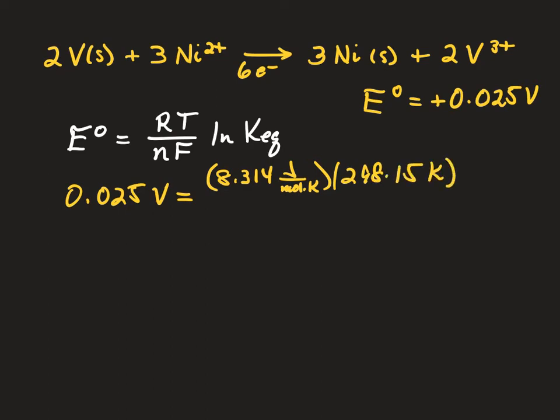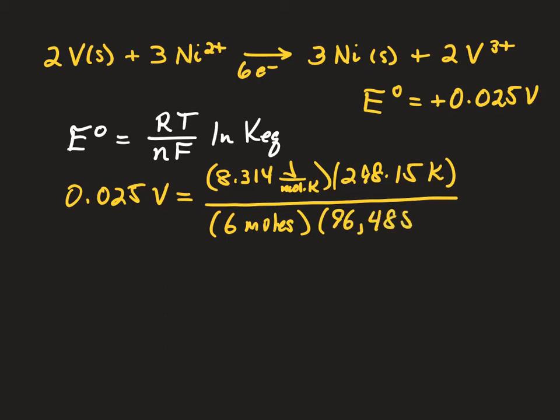We're under standard conditions, 25 degrees Celsius. Our N is 6 moles of electrons in our balanced equation, and our Faraday's constant is 96,485 coulombs of charge per mole, and all that is times the natural log of the equilibrium constant.